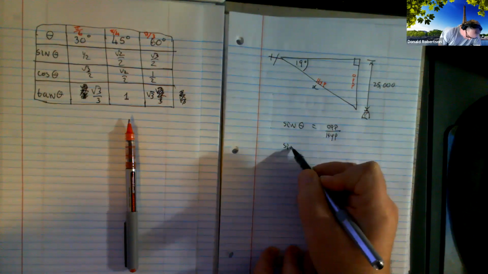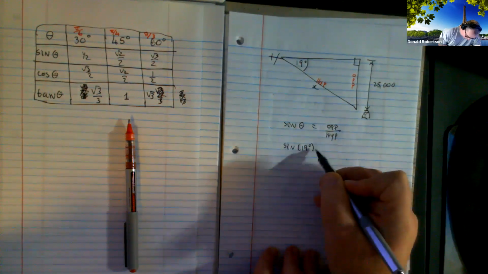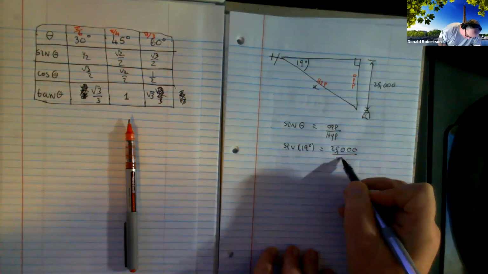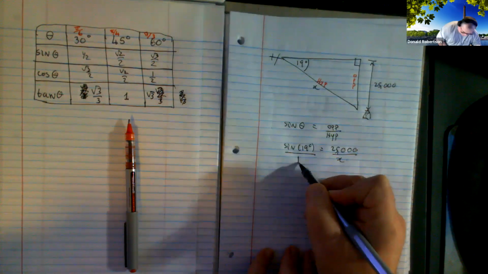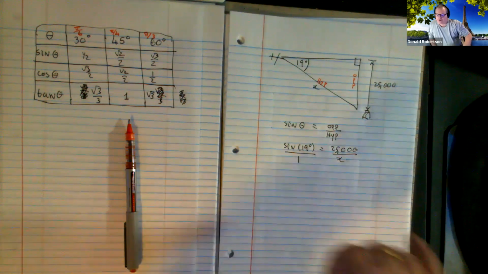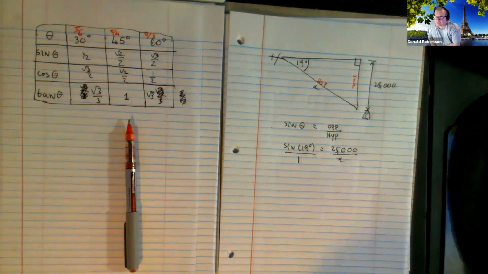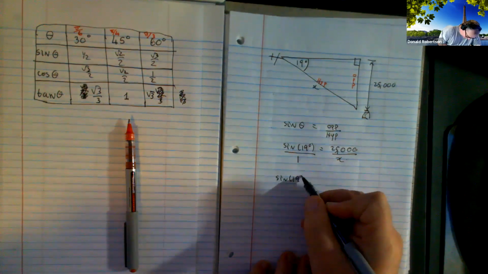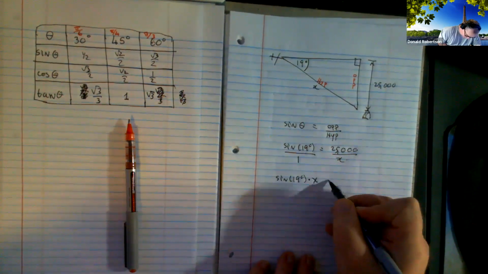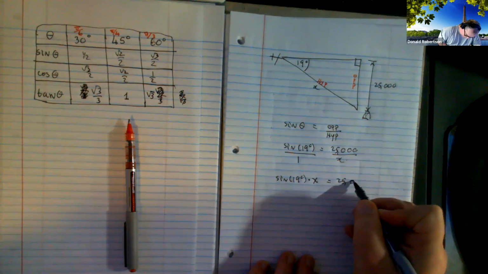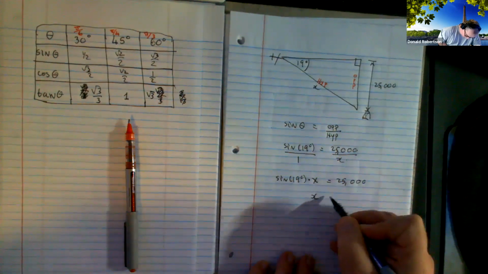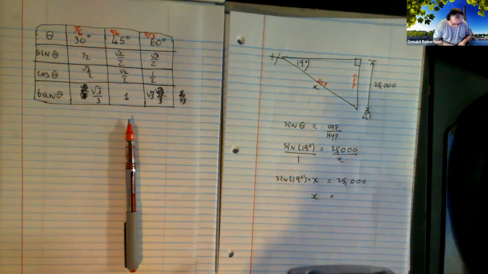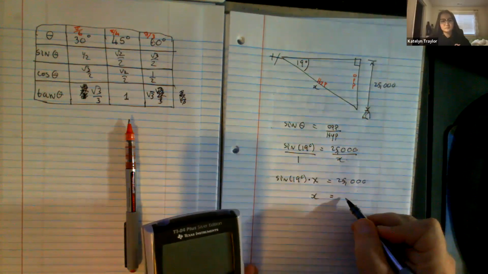The sine of 19 degrees is 25,000 divided by x. Typically I put a little 1 there because aren't you going to do a little cross multiply in a few seconds? When I do the cross multiply, I get the sine of 19 degrees times x is 25,000. And what do I do then to find x? What do I do to both sides? Divide by sine.